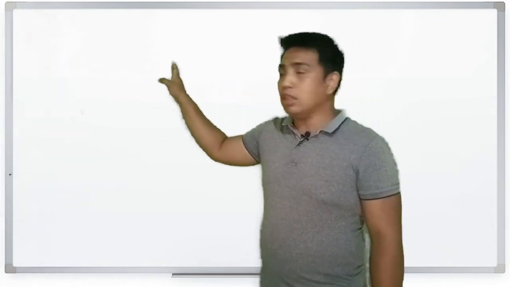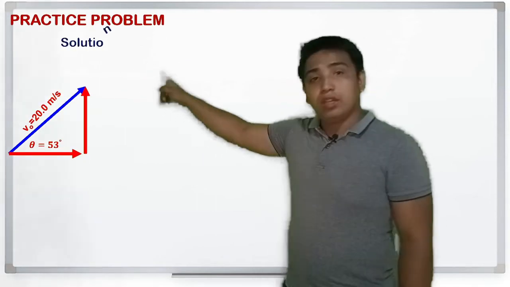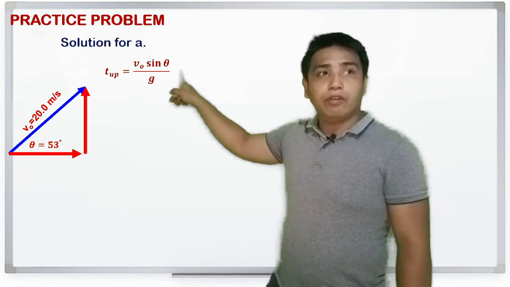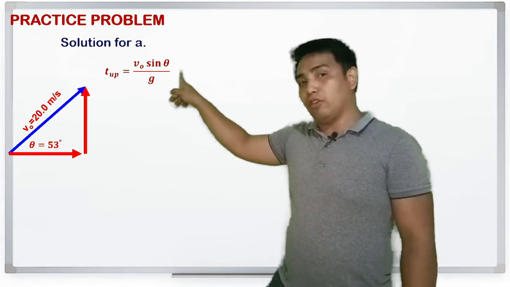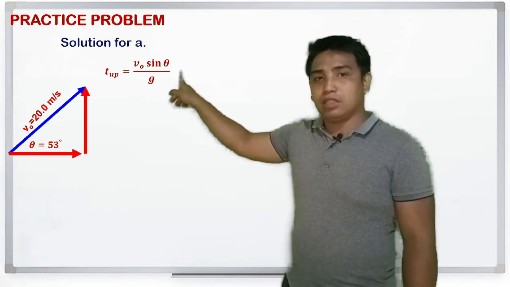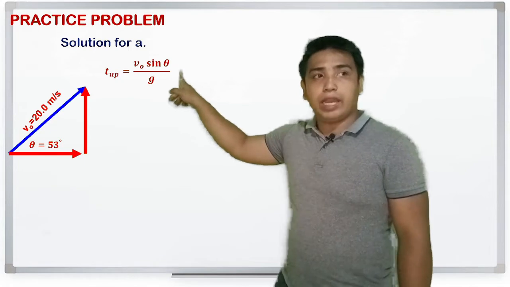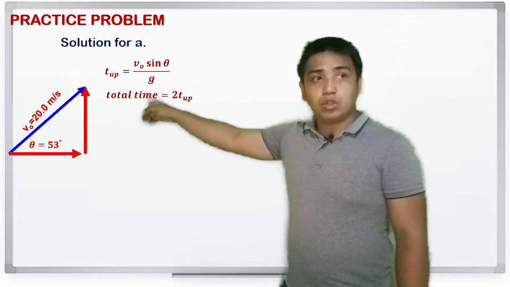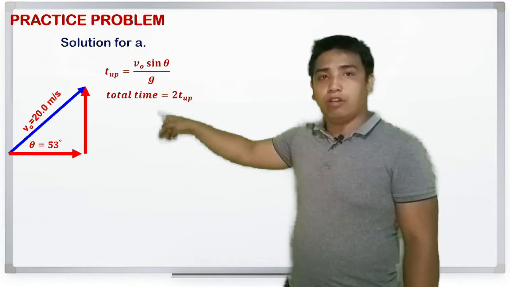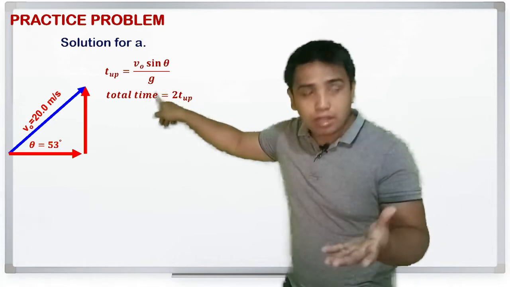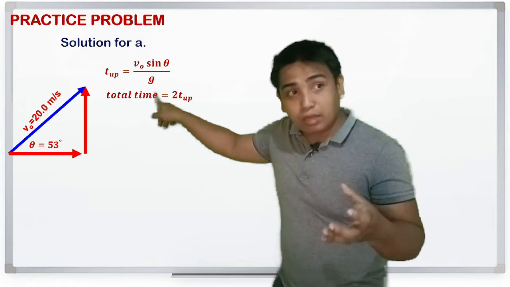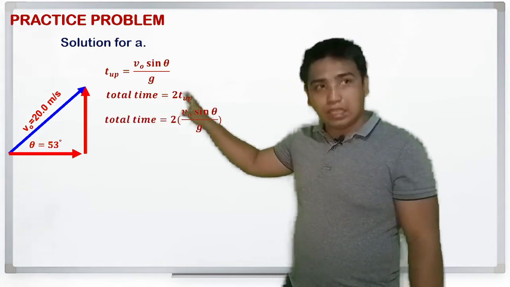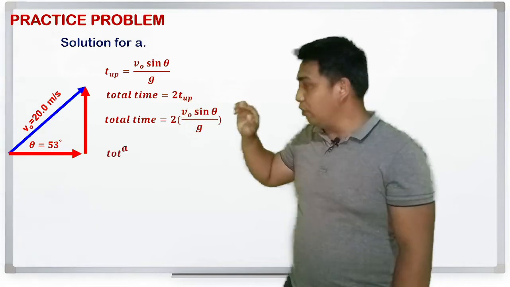We reason out that the total time is equivalent to twice the time to get up. So I'm gonna use the formula for the total time and substitute the given. The total time is equivalent to 2 times the quantity of vo, which is 20 meters per second, times the sine of the angle, which is 53 degrees, all over g.